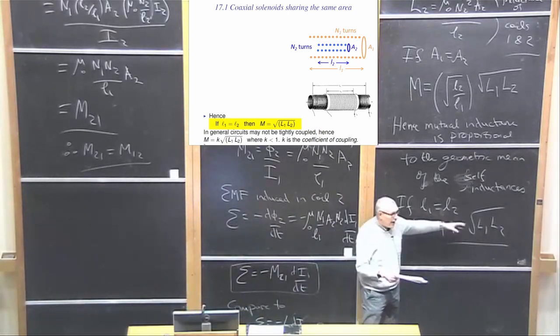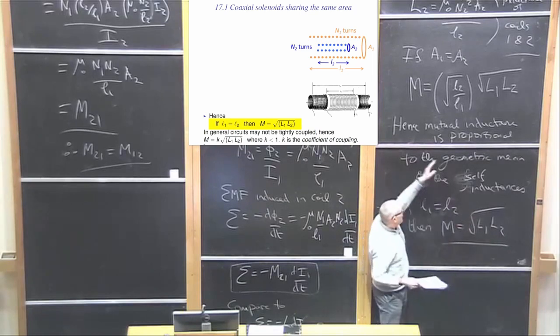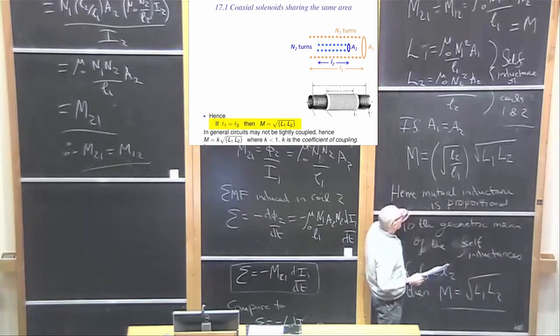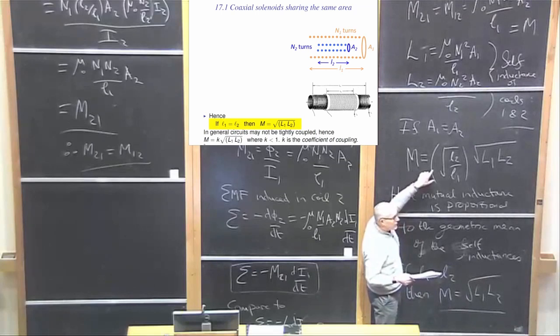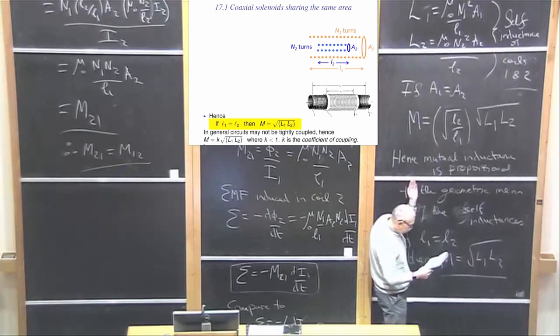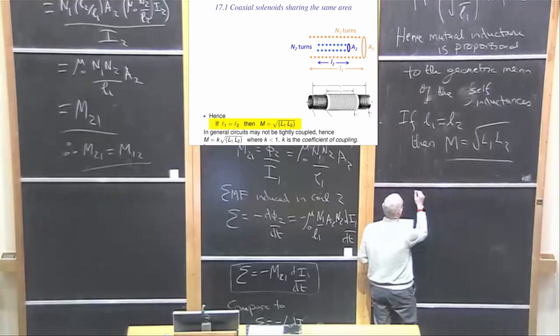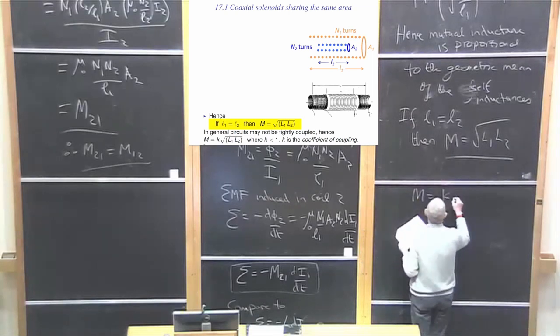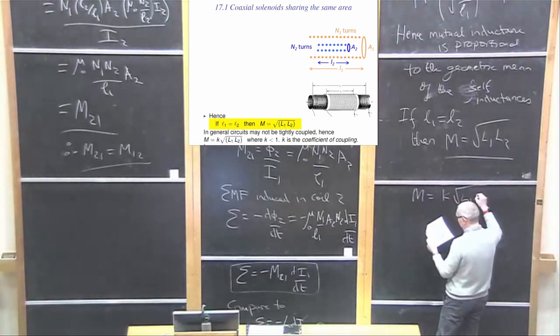Now this assumes the areas are the same, but this is a general expression. M is K times the square root of L1 L2.